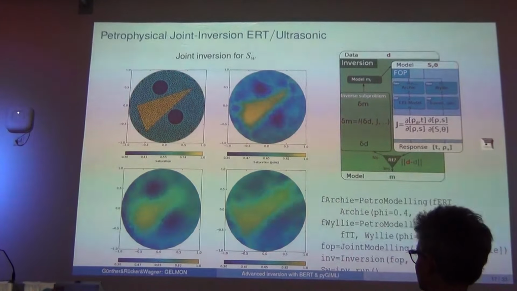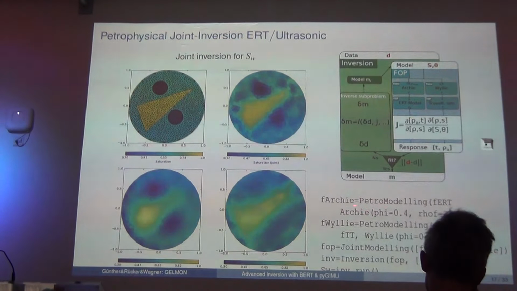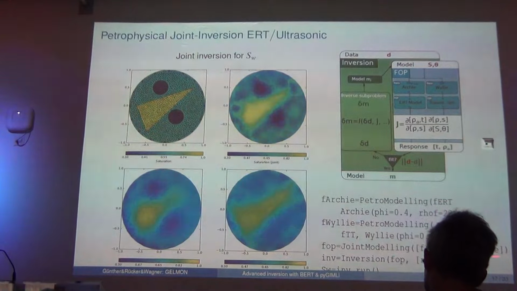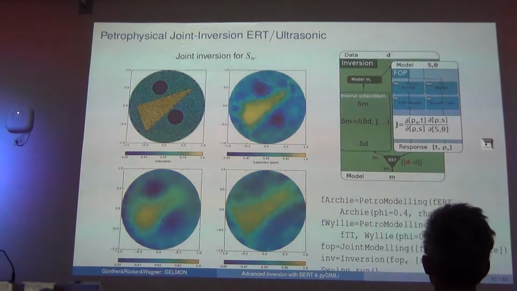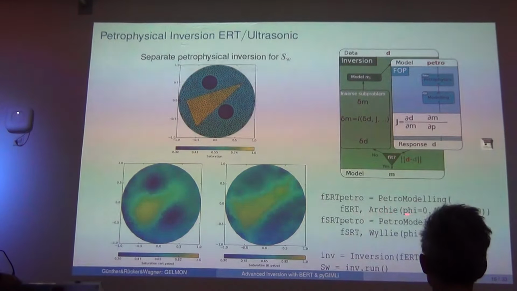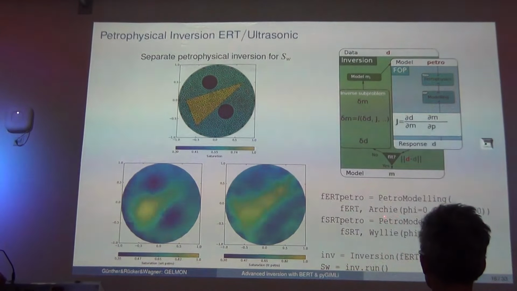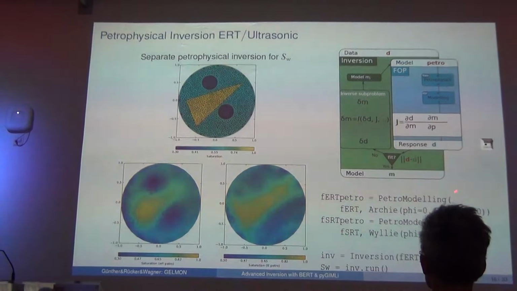But what you can also do is combine those two forward operations in really 5 lines of code. It's not more than this. So you're taking the normal forward operator and the petrophysical operator and putting them together into a framework, which is called petrophysical modeling.